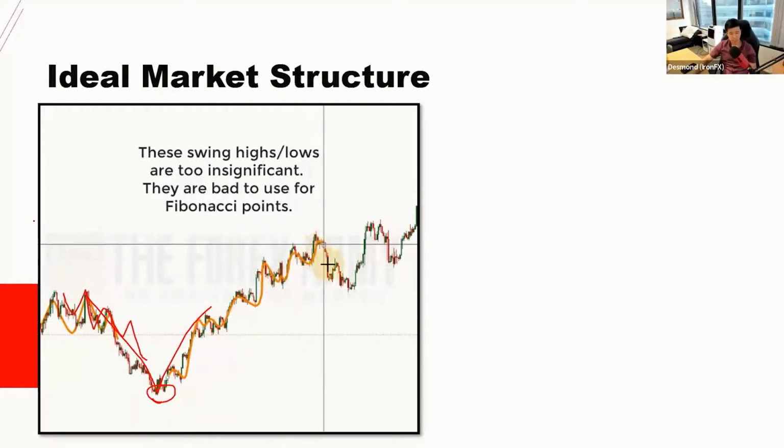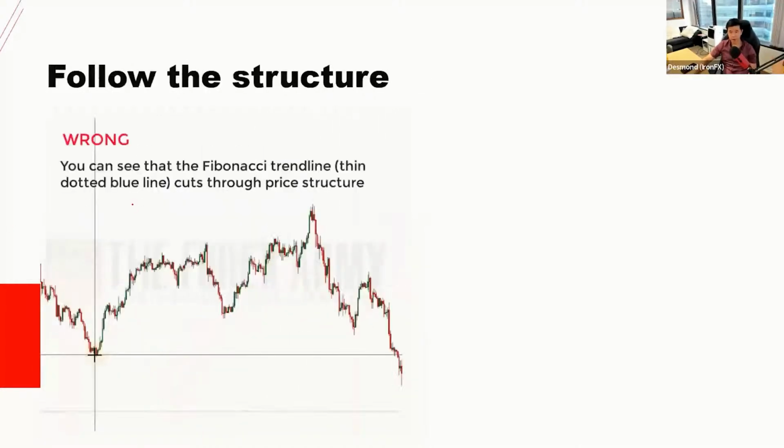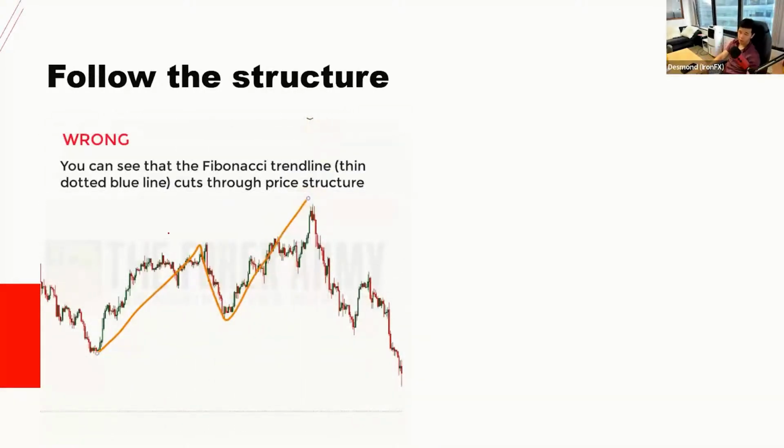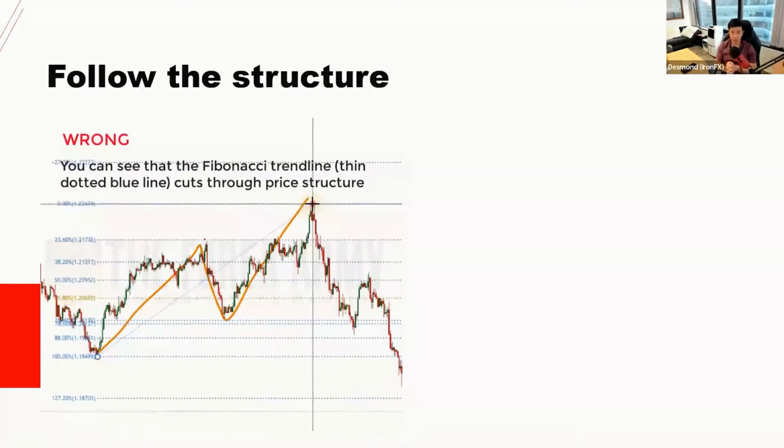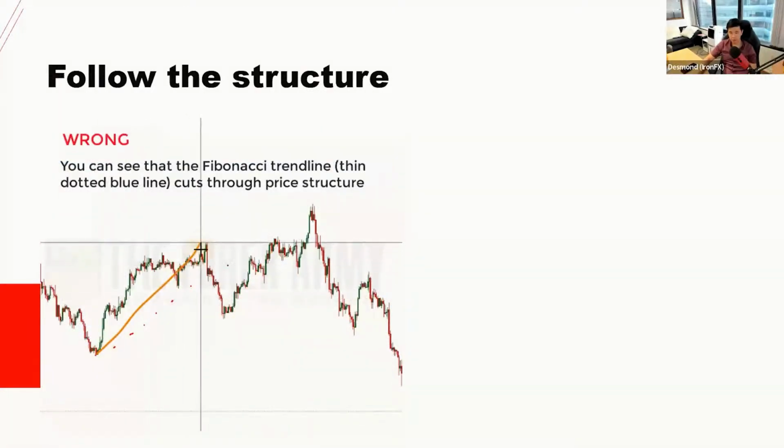Now let's move on. There are two things that you need to take note of when it comes to drawing Fibonacci, which forms the basis of our entire trading strategy. When you draw Fibonacci, you'll notice that there's this dotted line that goes all the way through.